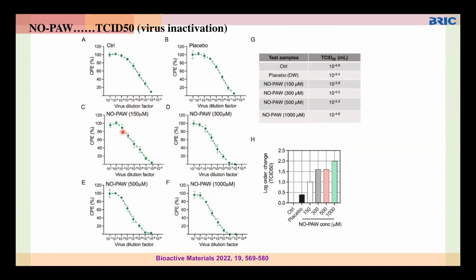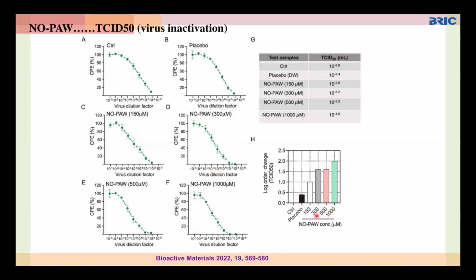And we found a 2 log order difference up to 1000 micromole of nitric oxide water. So you can see this graph. This is easy to understand. This is the control, and this is 1000 micromole NO water. So 2 log order changed. The cytopathic effect is reduced basically by 2 log order by this treatment.